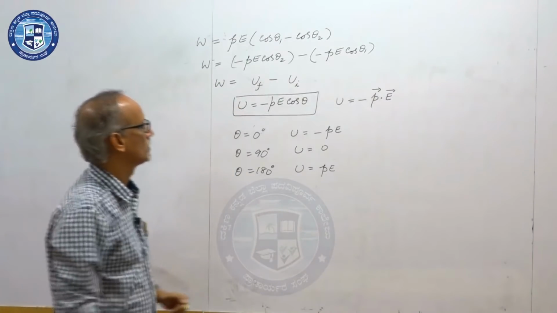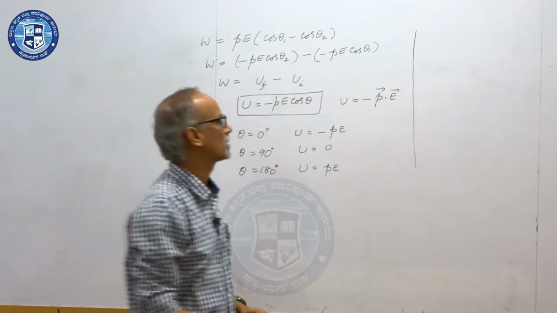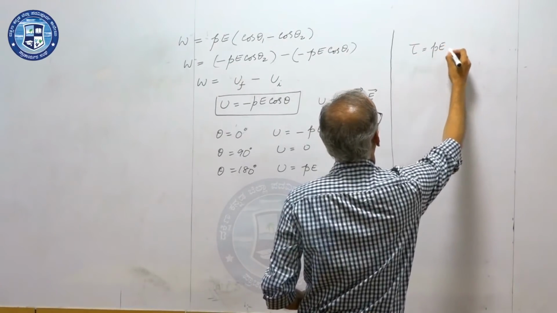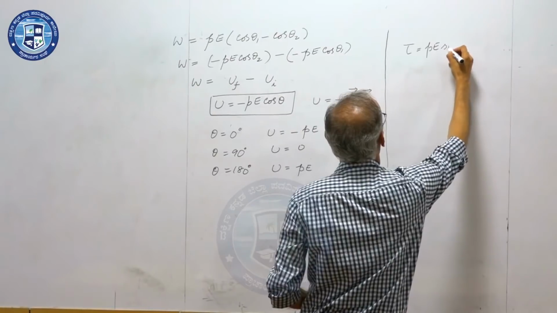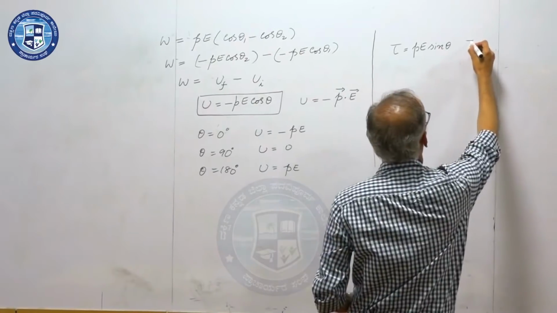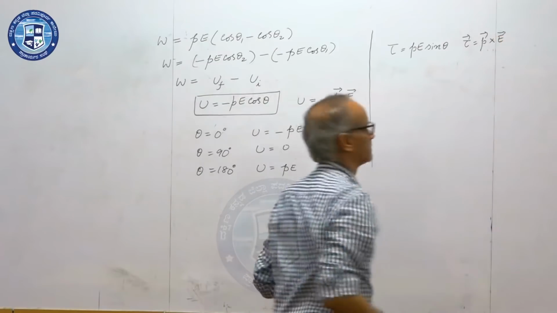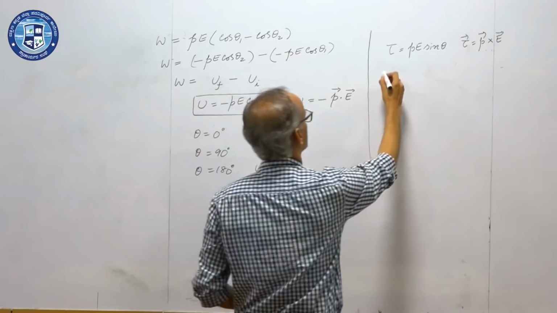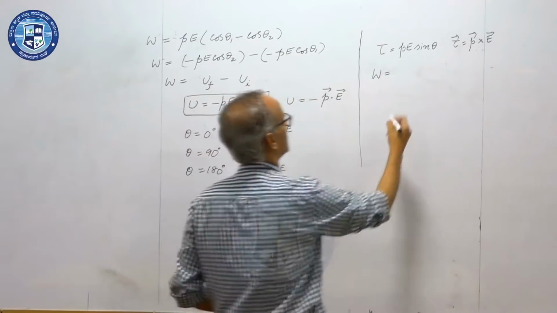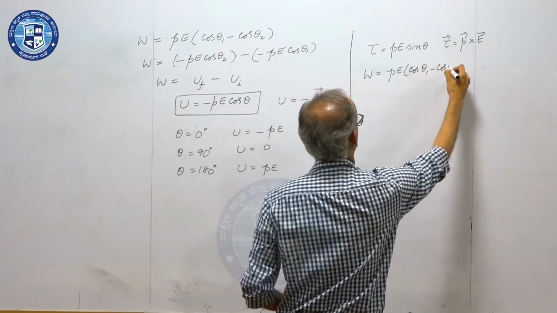So, just to revise the various equations, starting with the torque experienced by a dipole in an electric field, which is given by tau is equal to Pe sin theta, or in vector form, vector tau is equal to the cross product of vector P and vector E. Work done in rotating the dipole from one position to another in a uniform electric field is given by W is equal to Pe into cos theta 1 minus cos theta 2.